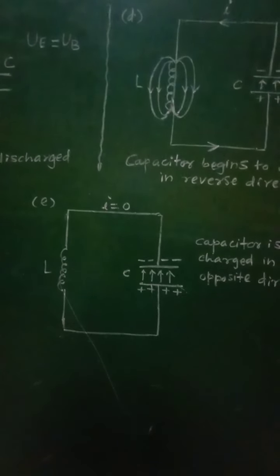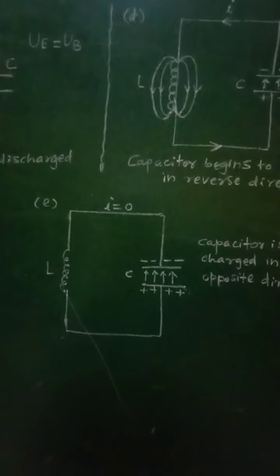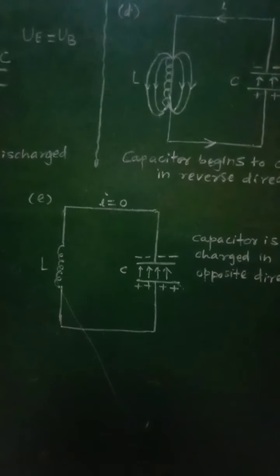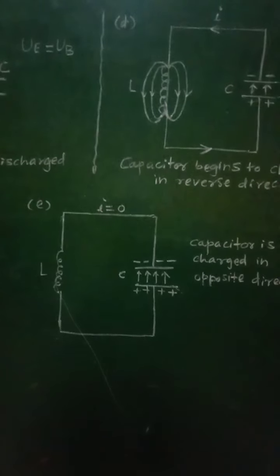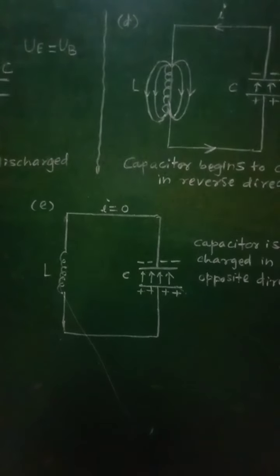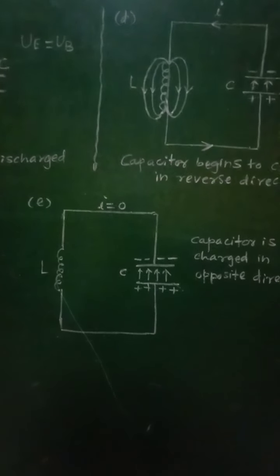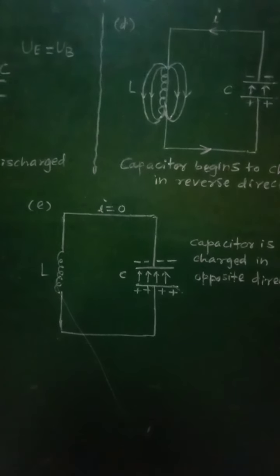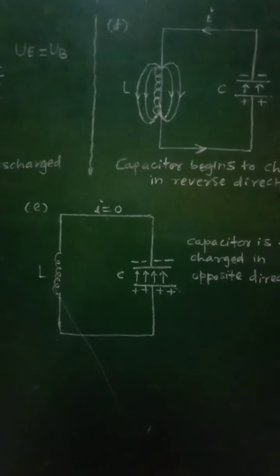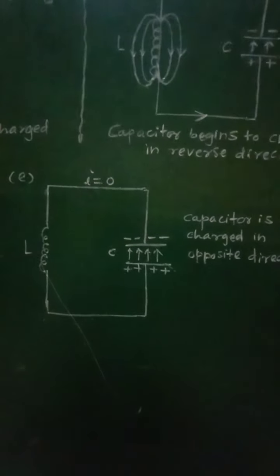This produces electrical oscillations of definite frequency, and these oscillations are called LC oscillations. If there is no loss of energy, the amplitude of oscillations remains constant and the oscillations are undamped.